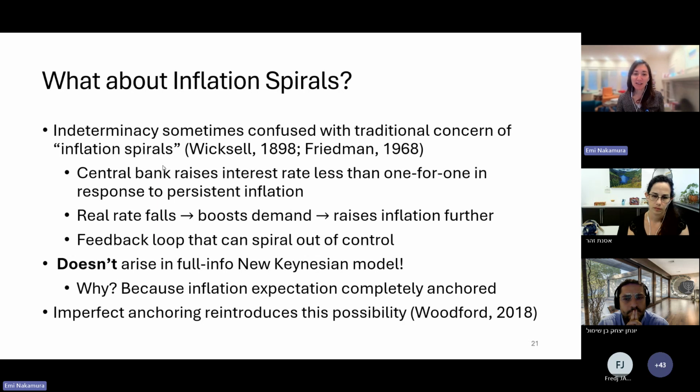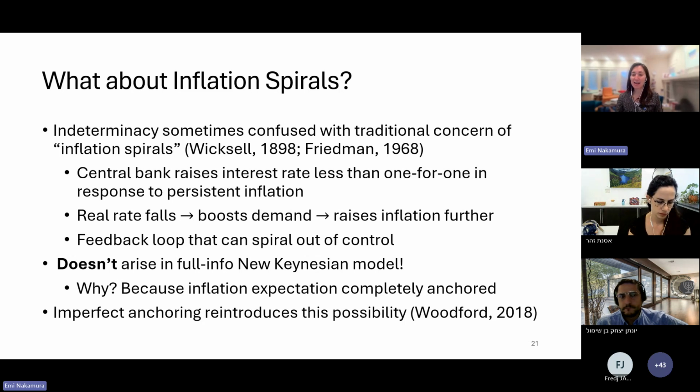But what I want to emphasize is that this concern is really about expectations being unhinged. And this isn't the local indeterminacy problem at all. In fact, this kind of inflation spiral turns out to not occur in the new Keynesian model, even if the Taylor principle is violated.